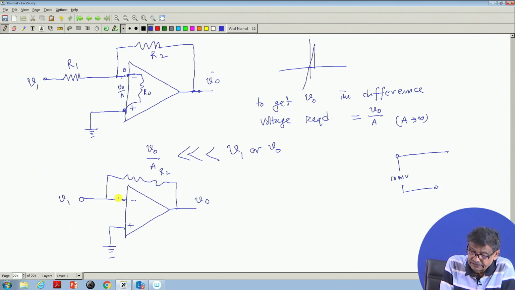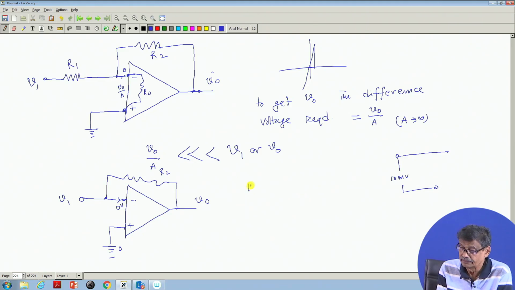So, current in this path is 0, input impedance is infinitely large, this fellow will never draw any current or very little current, which is of no consequence to the practical situation here. Now, this voltage is V1, clear. Therefore, what is the voltage here? 0 volt, because voltage does not exist here. So, here also 0 volt, it is almost connected to the ground, no voltage drop here.